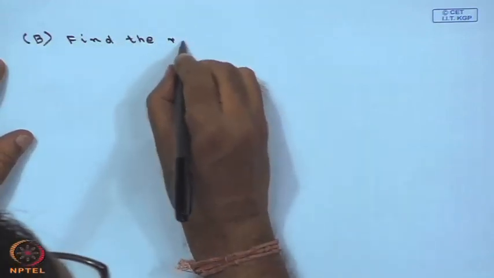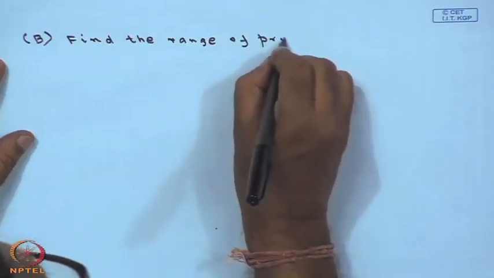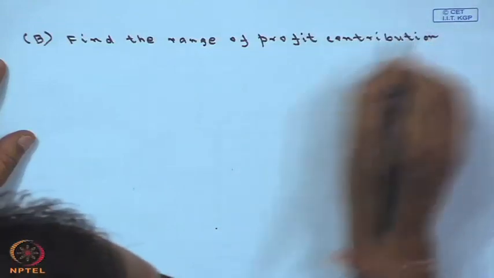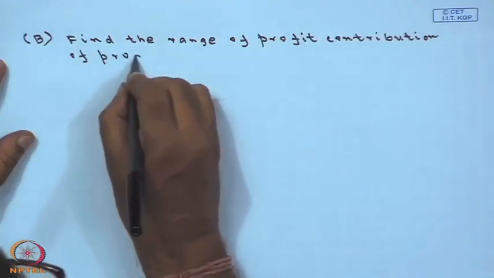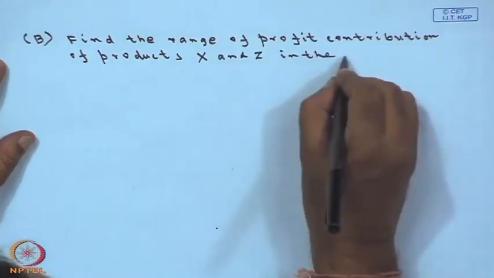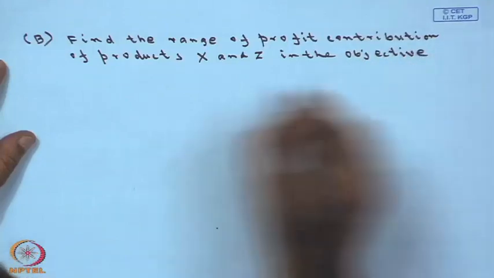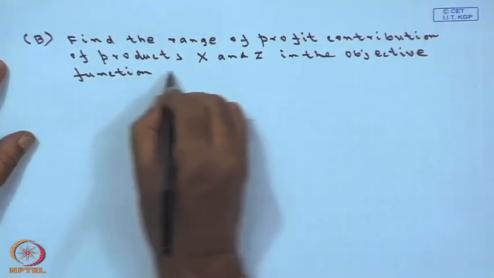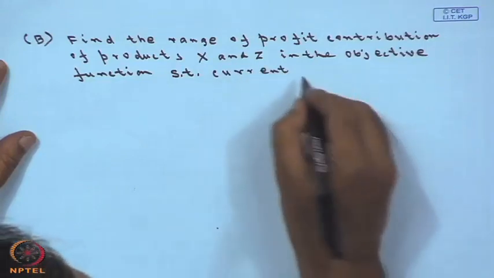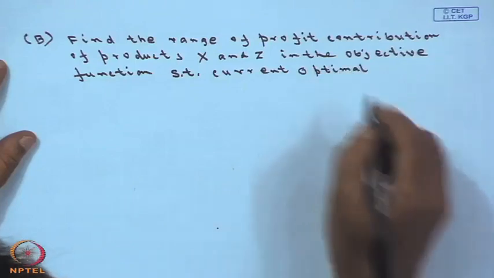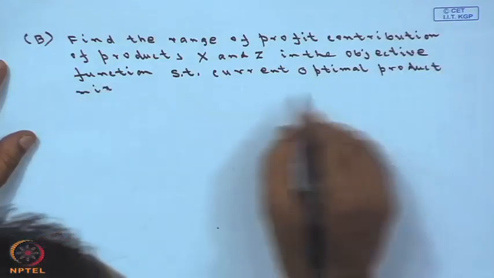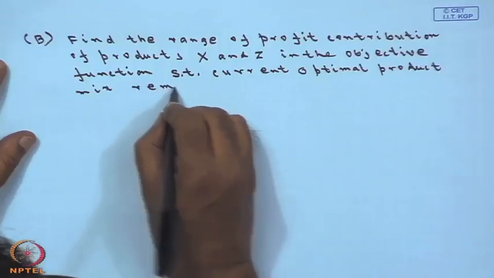The next problem is find the range of profit contribution of products X and Z in the objective function such that current optimal product mix remain constant.